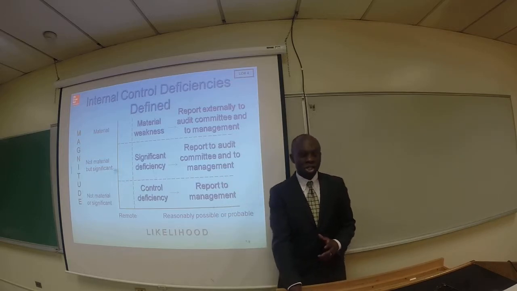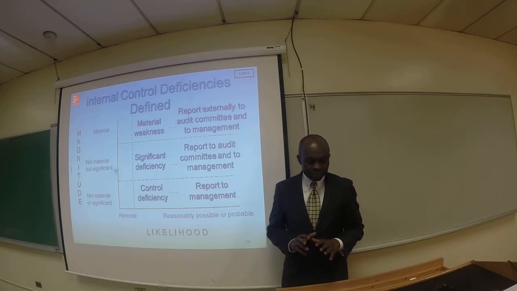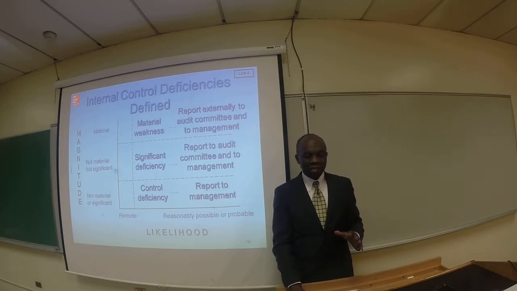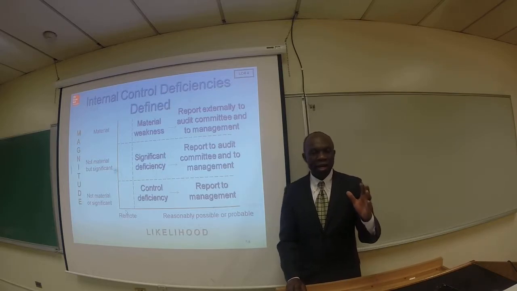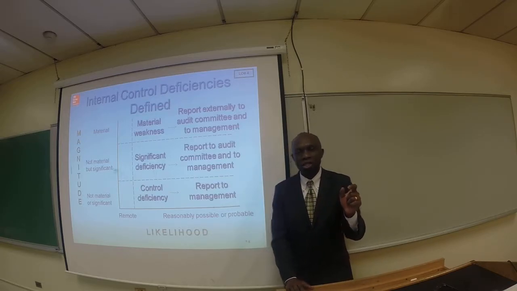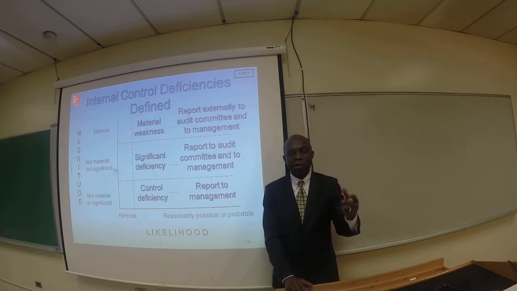Now, how does this work? Let's take a look at this diagram. On the left side we have remote. Remember the 3 scenarios or possibilities of classifying contingent liabilities. Probable, reasonably possible, and remote.